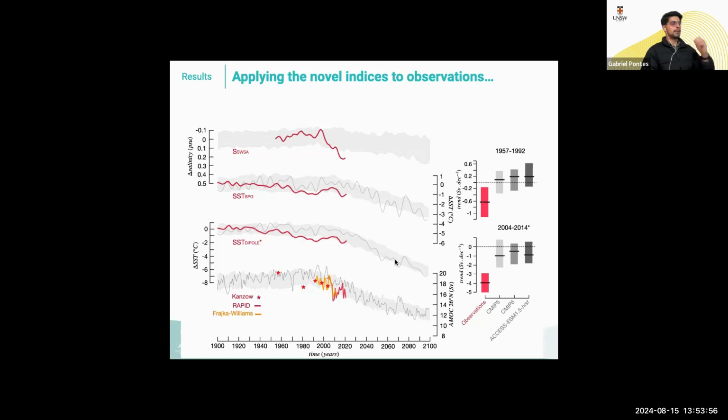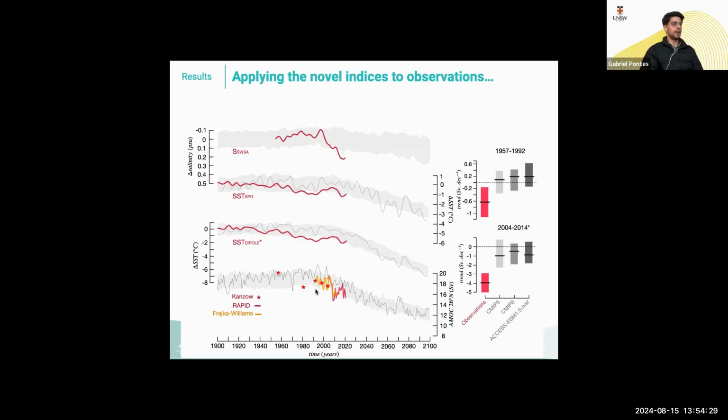And we can see that, especially for those indices here, but more specifically for the SST dipole, and more evident for the salinity index based on the Rossby wave, those simulations fail to capture those signals in the South Atlantic. So the observations go a bit off this 95% confidence interval.